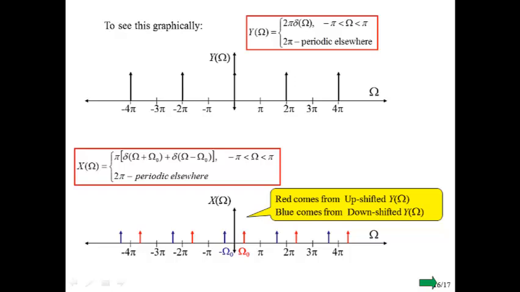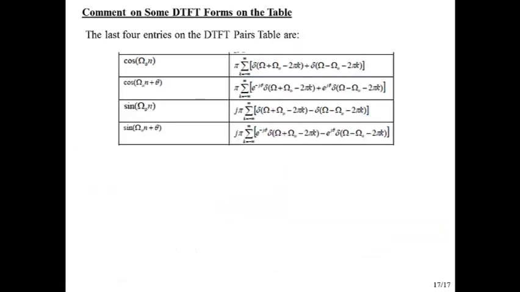The inverse DTFT is trying to build that cosine by adding together a bunch of complex sinusoids. And what frequencies do we need? Well, we need a complex sinusoid at positive omega 0, and we need one at negative omega 0. But only at those two frequencies. That's all we need, just like we saw for continuous time.